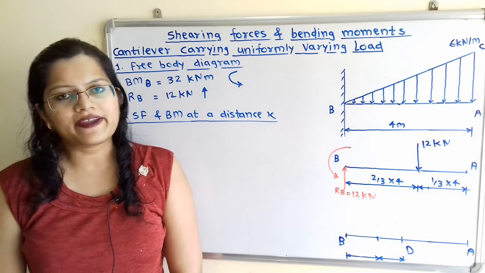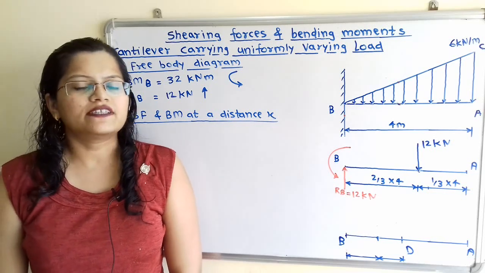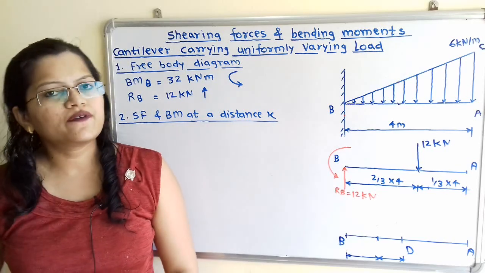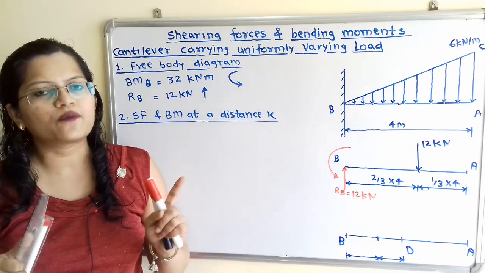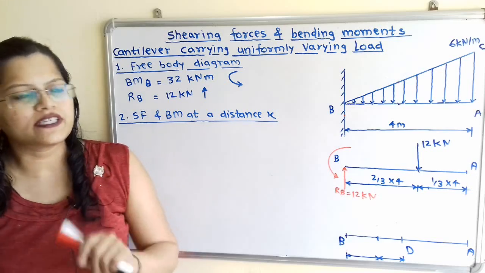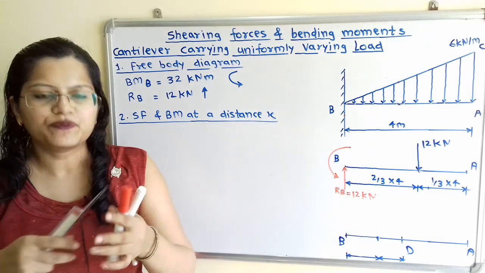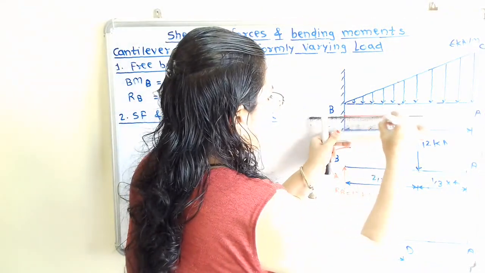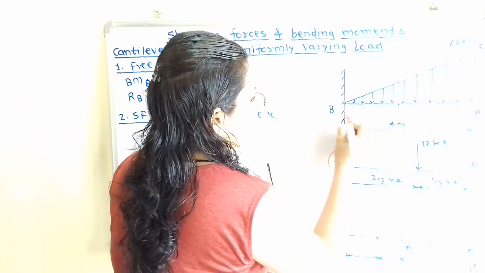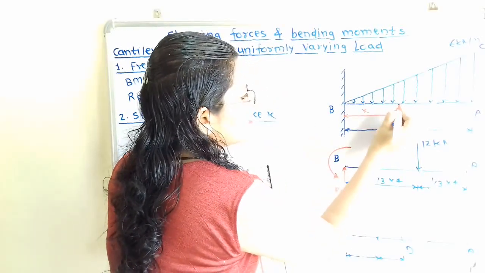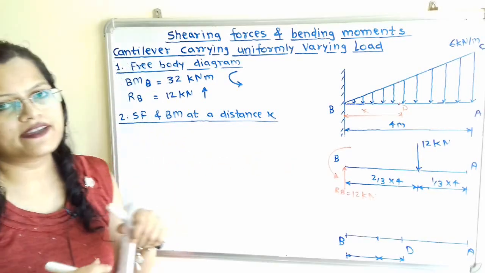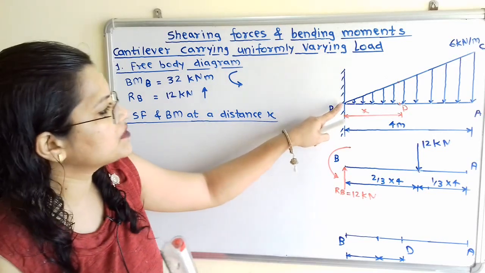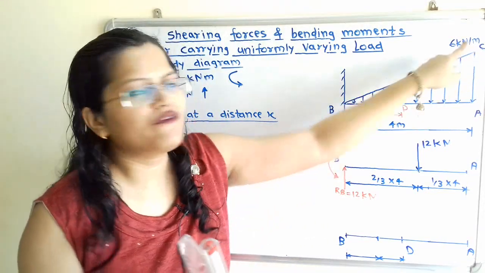Next step is to find the formula to calculate shear force and bending moment at any distance x. We will take this distance x from the minimum load, that is where the load is 0, that is from this point B. So we will mark this distance x from the point B. Consider this point D. Now how to find out the load acting at the point D, because we know that from B to C this is a uniformly varying load.